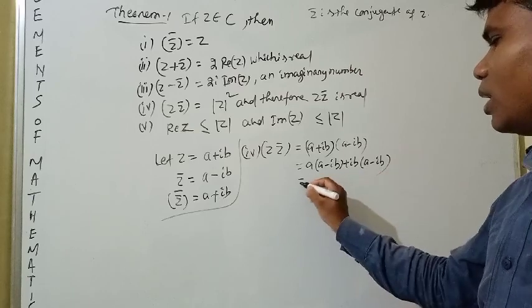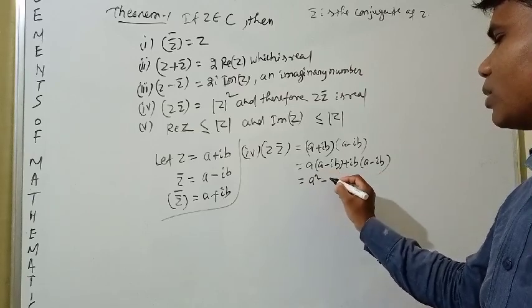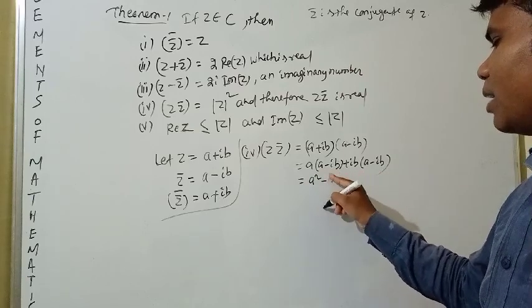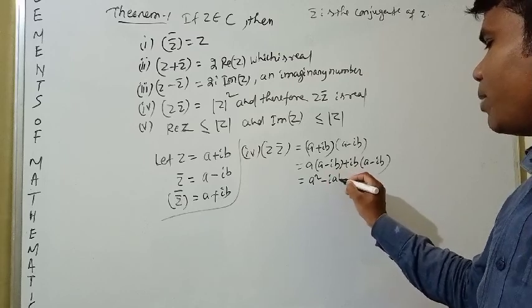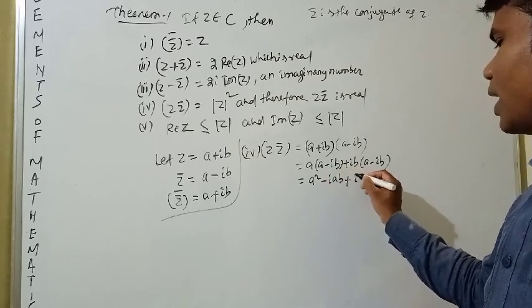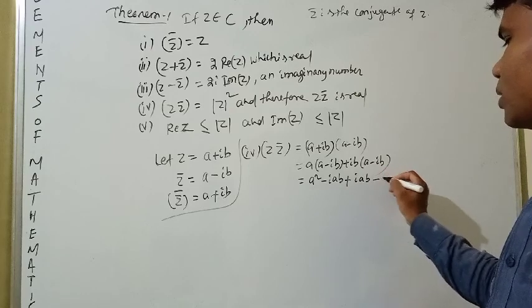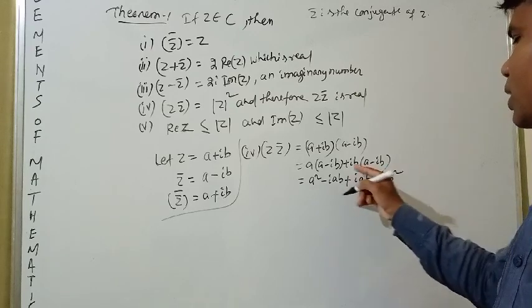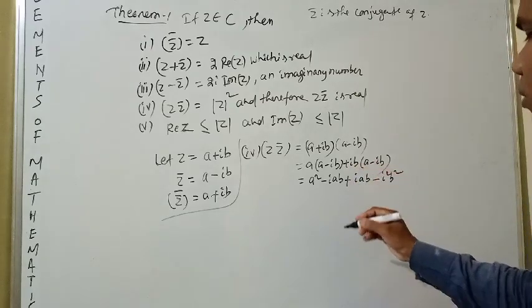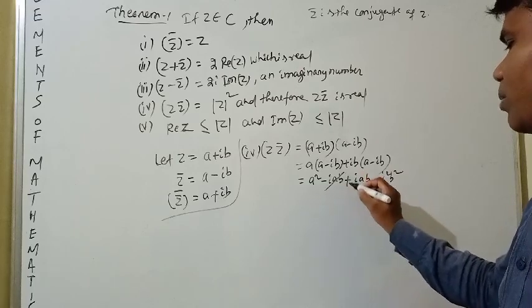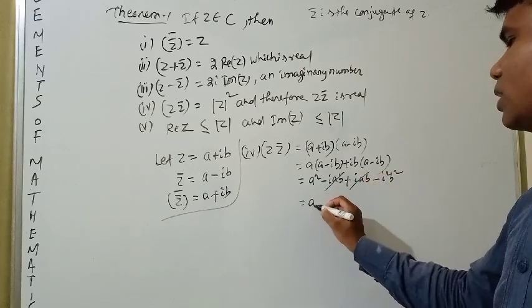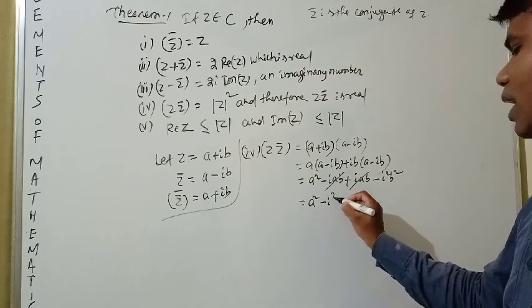So A into A is A square, minus IAB, plus IAB, minus I square B square. Minus IAB plus IAB cancel out, that is A square minus I square B square.